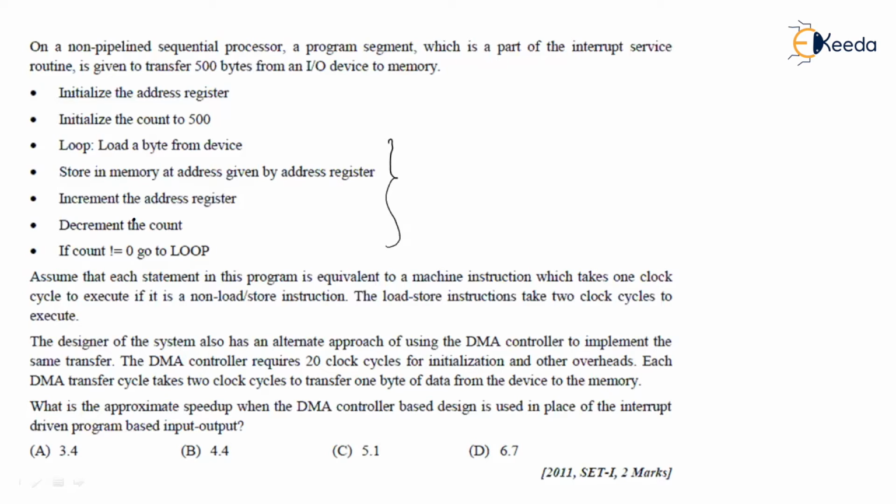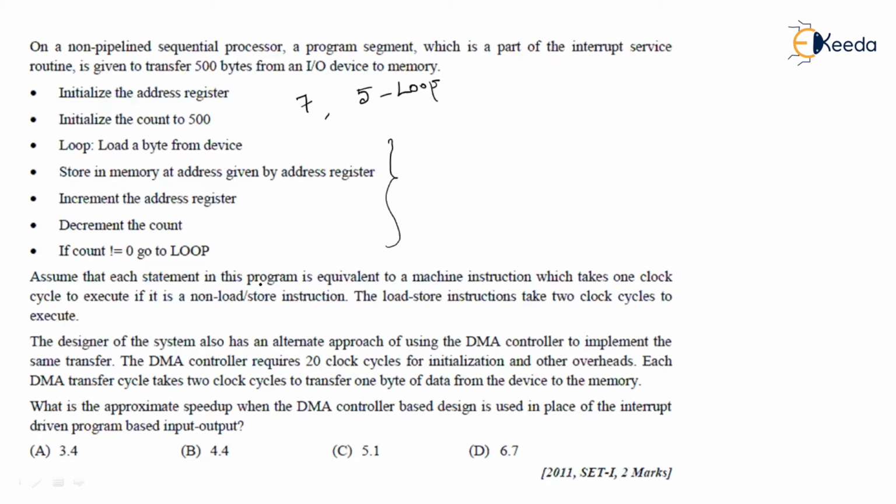The loop is going to be repeated as many times as it requires. So the total program has 7 instructions, out of which 5 are in the loop. Now, keep it aside and just stay focused to read the remaining question.